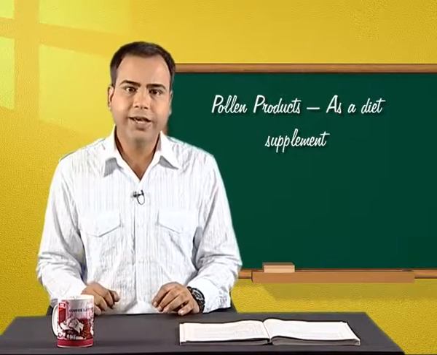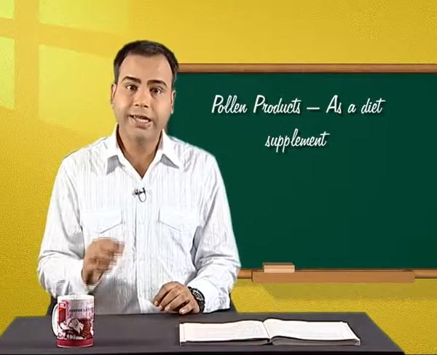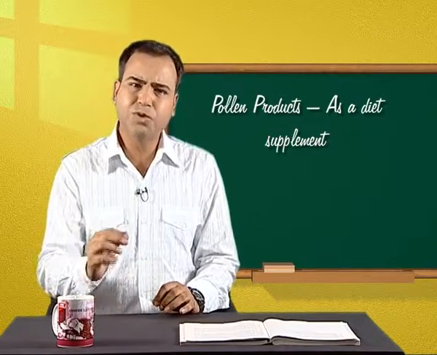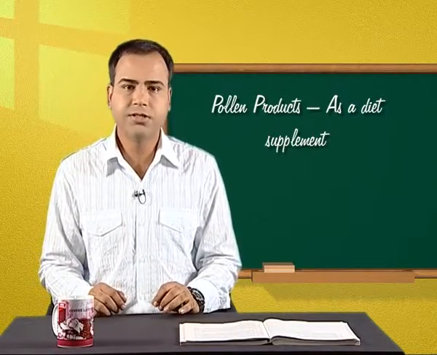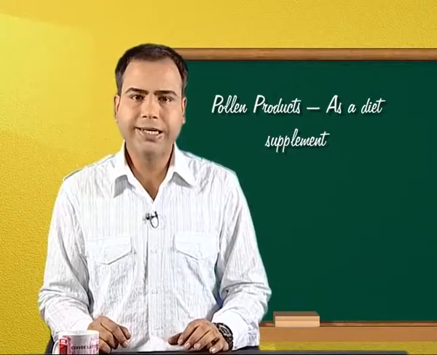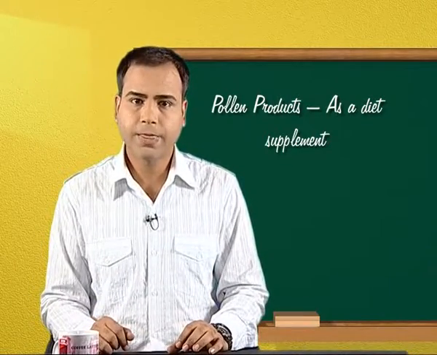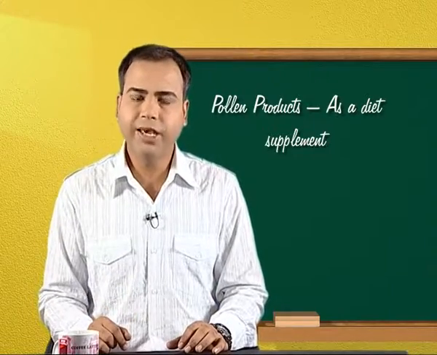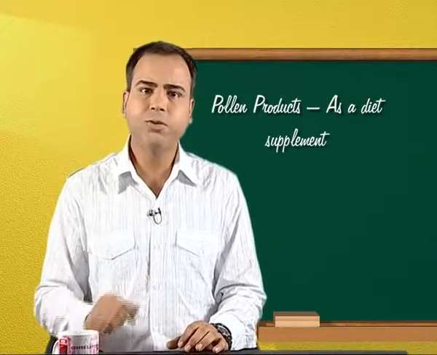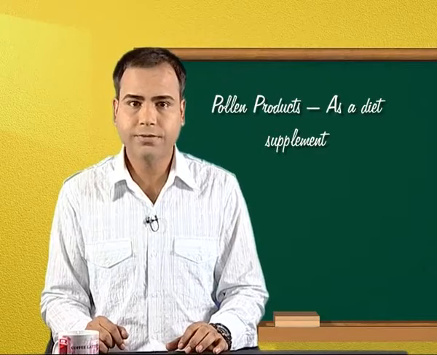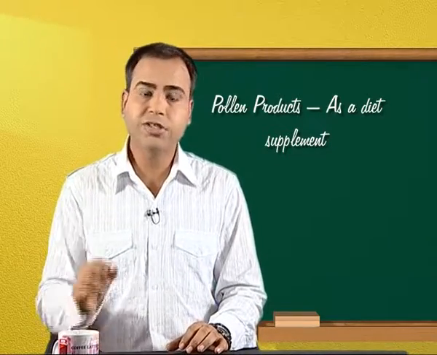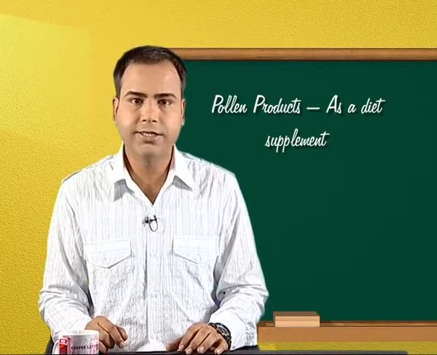The ancient Greek Olympians used pollens to improve their performance in the field. It is considered one of nature's most completely nourishing foods. It contains nearly all nutrients required by humans. About half of its protein is in the form of free amino acids that are ready to be used directly by the body. Such highly assimilable protein can contribute significantly to one's protein needs.